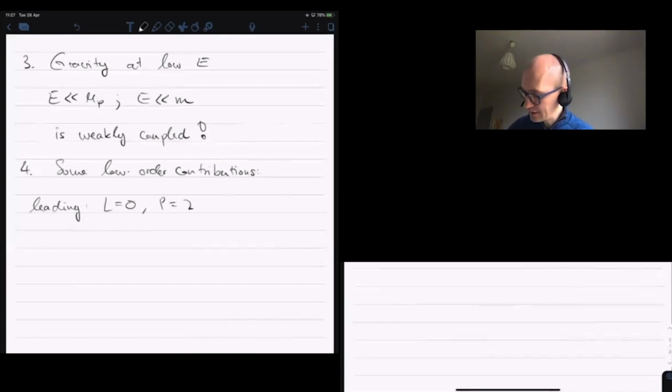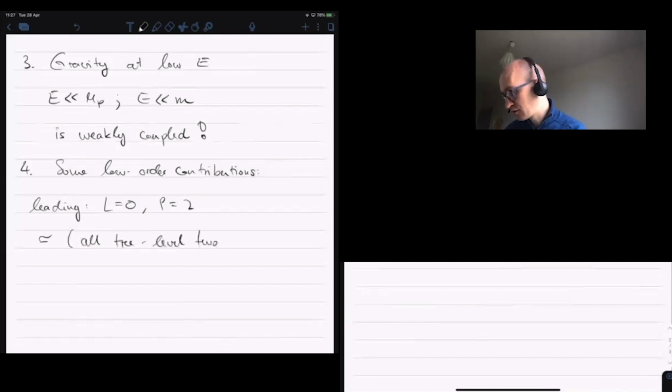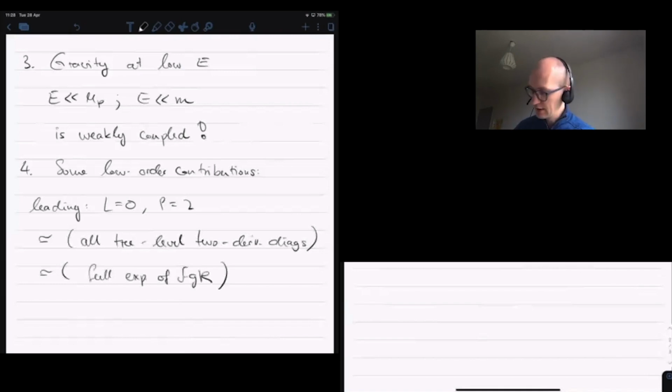Well, the only way that you can get P equal to 2 is basically if you have 2 derivatives, and no loops. So these are all tree level 2 derivative diagrams, which is of course simply the expansion of this term. And so this is classical GR, right?